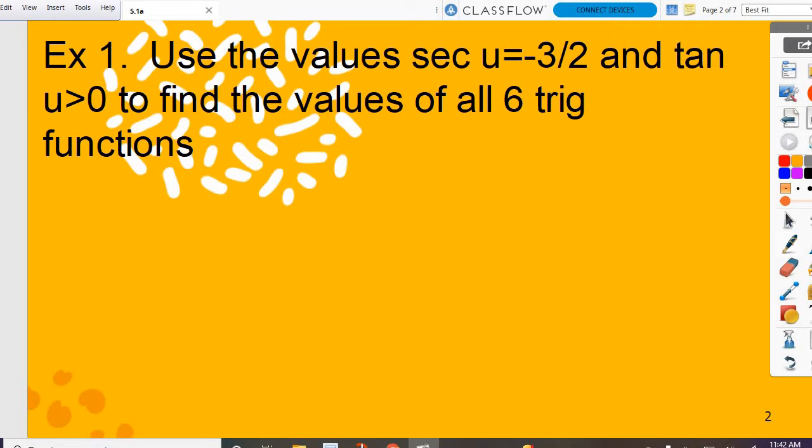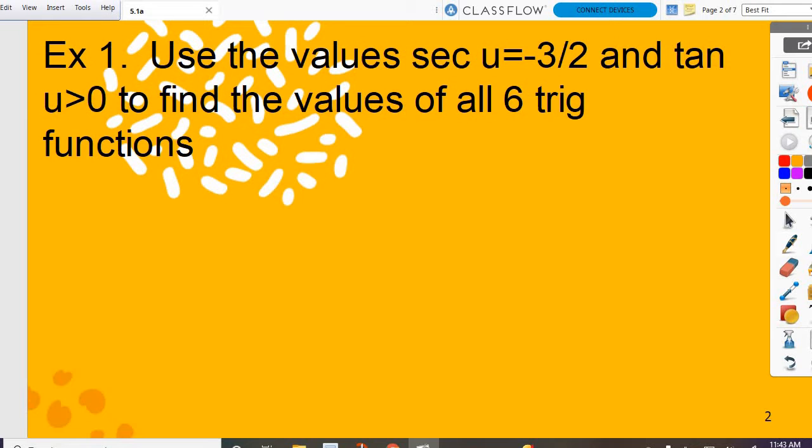Yes, no, maybe? Which one? Secant theta equals 1 over cosine. Well, I already have secant of theta, right? So I don't need to have secant of theta equal something. I need a different trig function. So is there another one? It's very similar to that one.